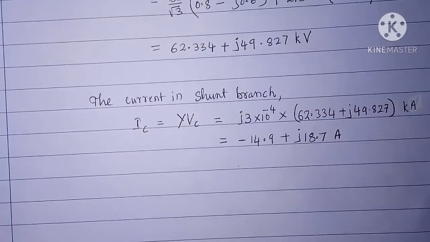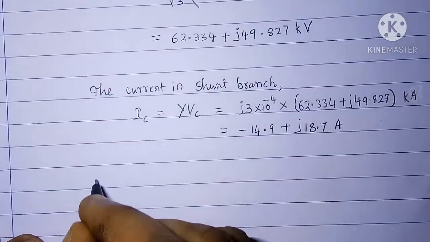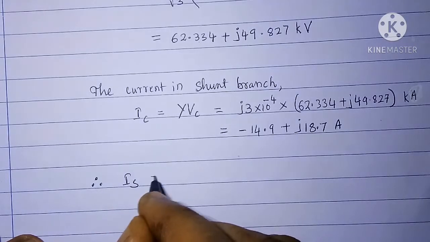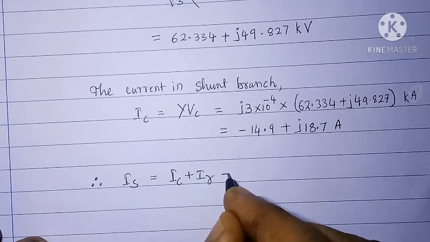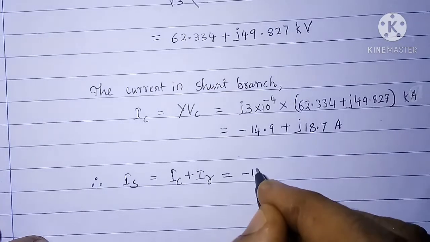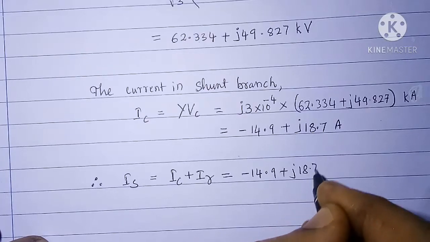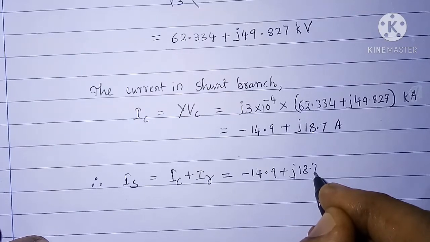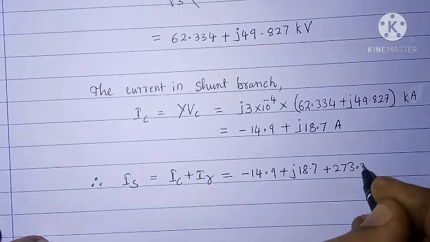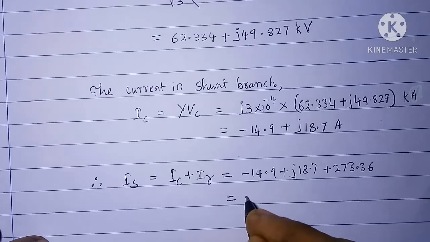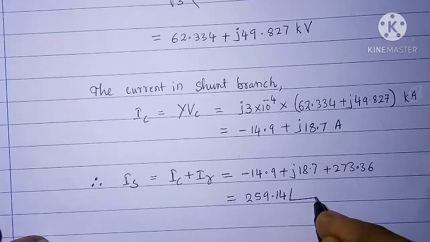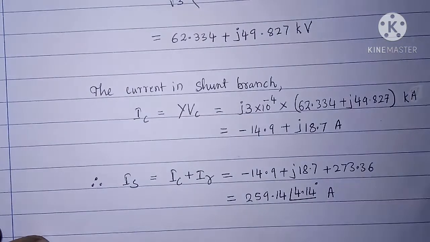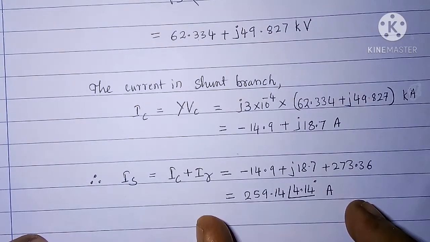Now we can calculate IS by adding IR and IC. Therefore, sending end current IS is equal to phasor sum of IC and IR, that is equal to minus 14.9 plus j18.7 plus 273.36, that is equal to 259.14 at an angle of 4.14 degrees ampere. Here I have written answer directly in polar form.